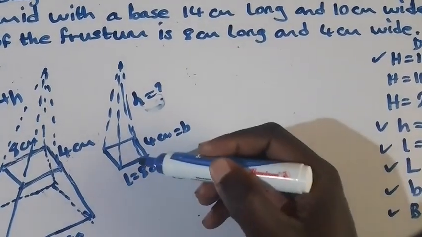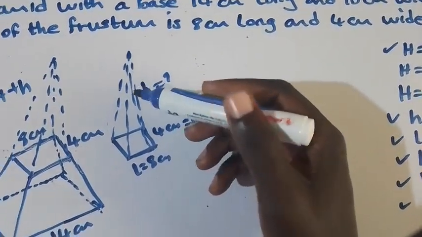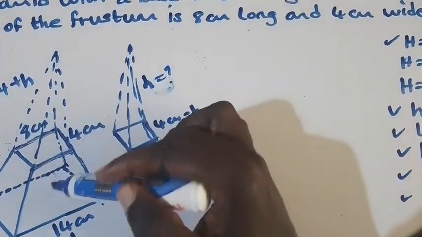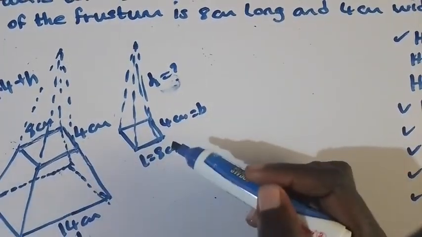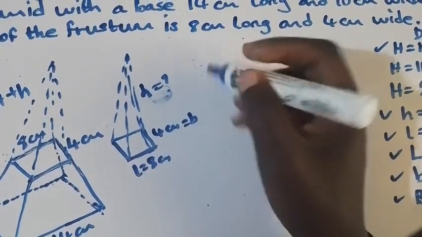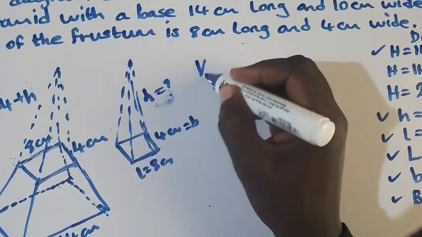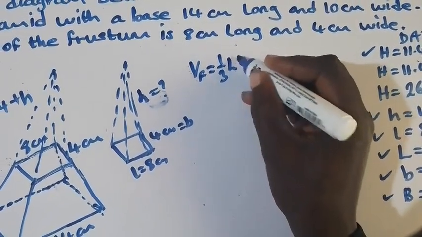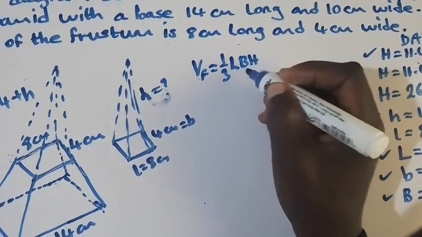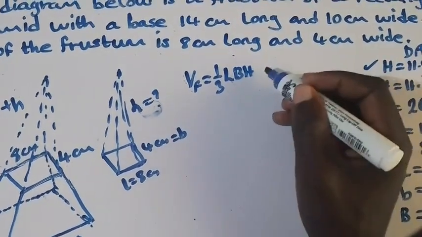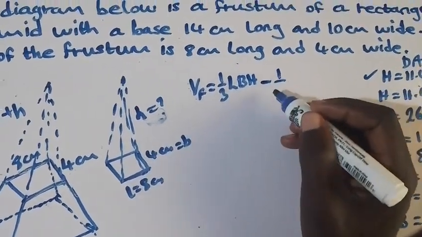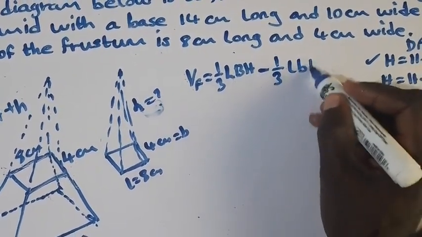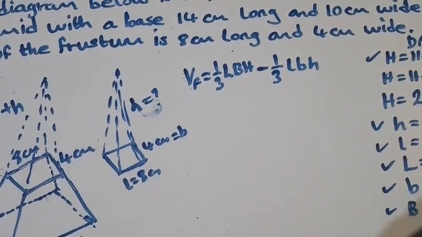So we need to calculate the volume of the smaller pyramid and the volume of the larger pyramid. Then we subtract the two. So the formula will be volume of the frustum equal to 1 over 3 LBH for the larger pyramid minus 1 over 3 LBH for the smaller pyramid.